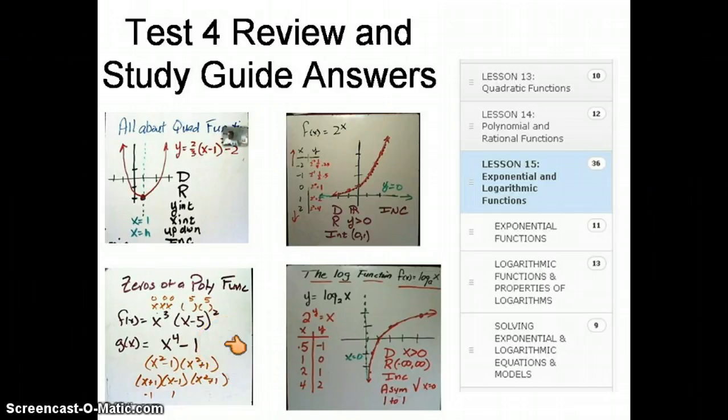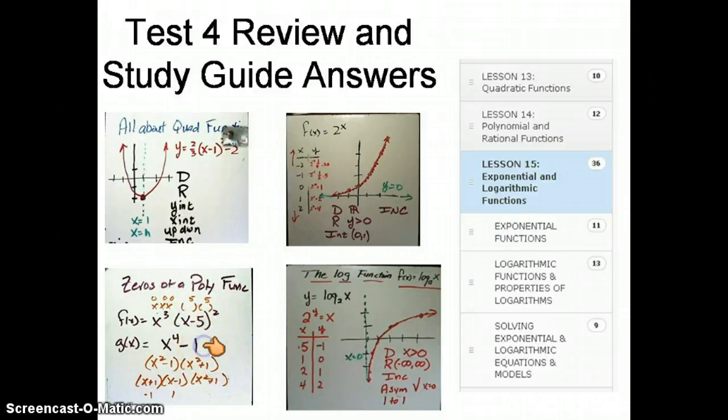Now if I ask find the zeros, you want to break it down into all of the factors. So x cubed is x times x times x, and x minus 5 is x minus 5 times x minus 5, because I got it squared there, right? The zeros would be 0, 0, 0, 5, and 5. So really the zeros are 0 with multiplicity of 3 and 5 with the multiplicity of 2.